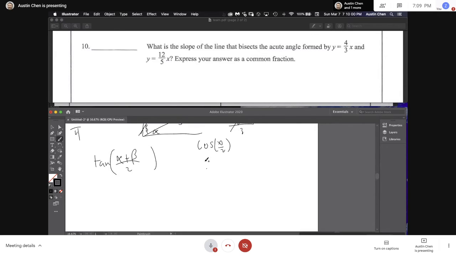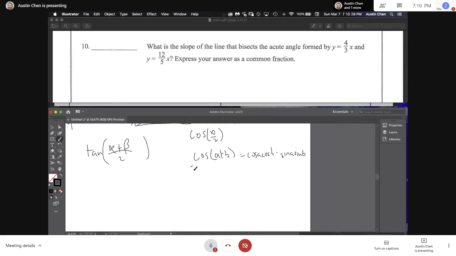So we know that cosine of, let's say, A plus B equals cosine of A times cosine of B minus sine of A times sine of B. And this is just a basic trig identity. If you don't know this identity, honestly, I would just say you should probably memorize it.